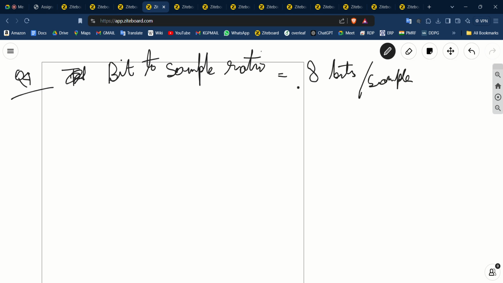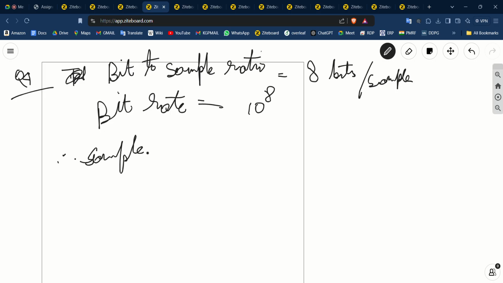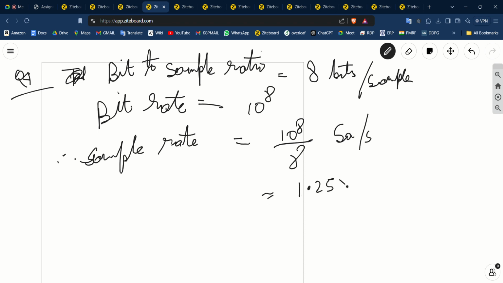So there are 8 bits per sample, and bit rate is given as 10 to the power 8. So sample rate is 10 to the power 8 by 8 samples per second. So this is 1.25 into 10 to the power 7 samples per second.